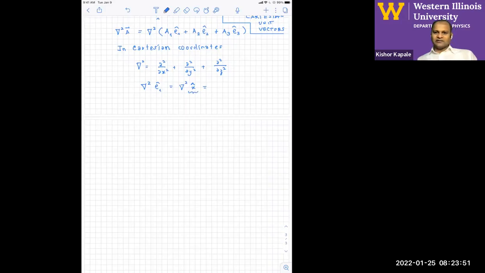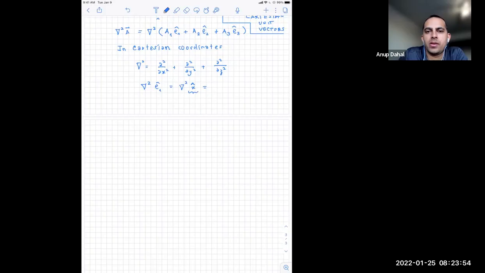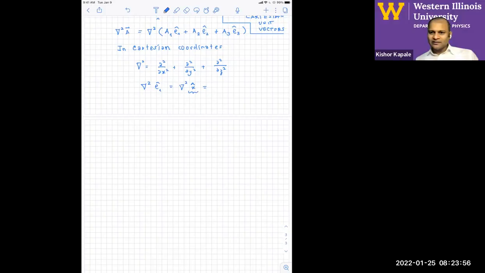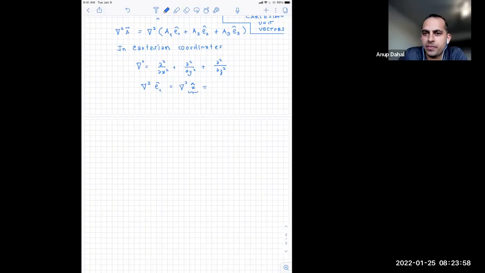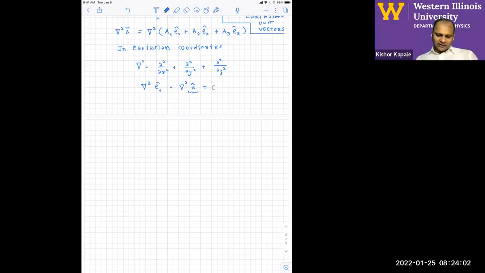Does x hat have... Anup, go ahead. Yeah, in total it is 0, I think. Okay, that's good. That's correct. It is 0, but it's not so much in total. It is 0 identically because of, let's think about x hat as a field, right?